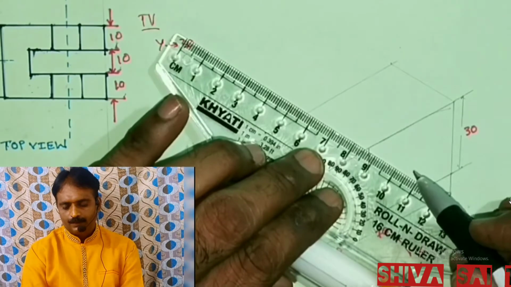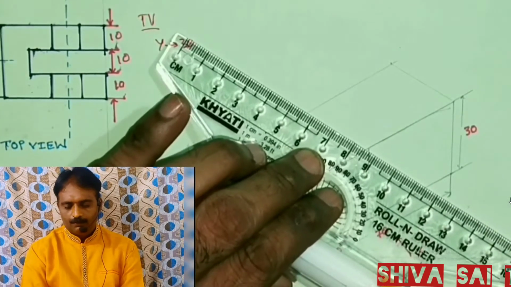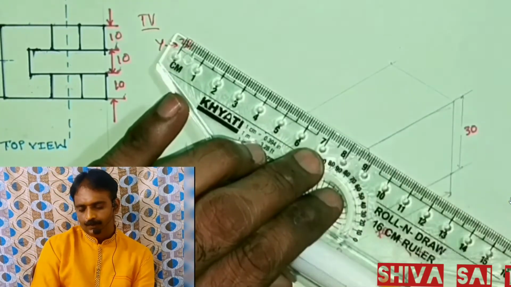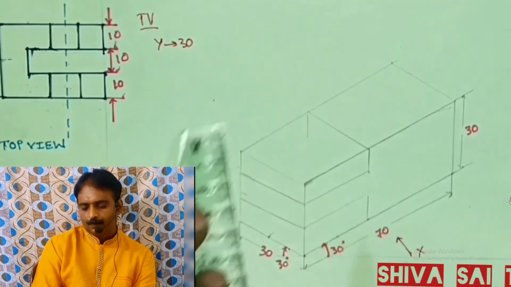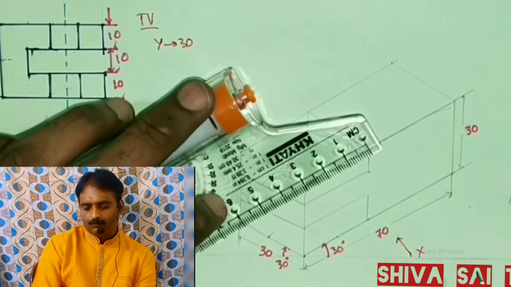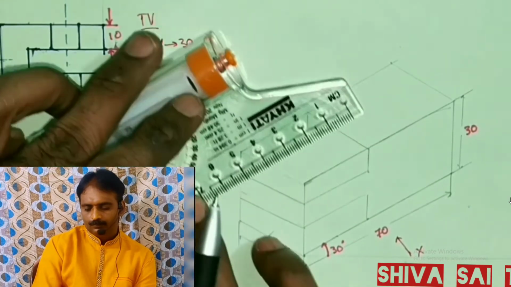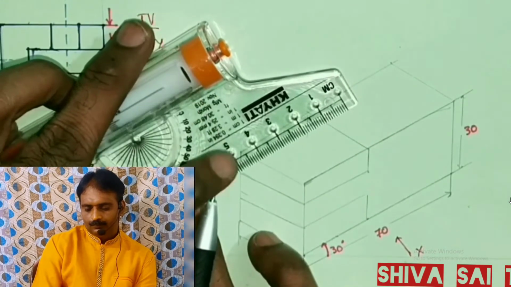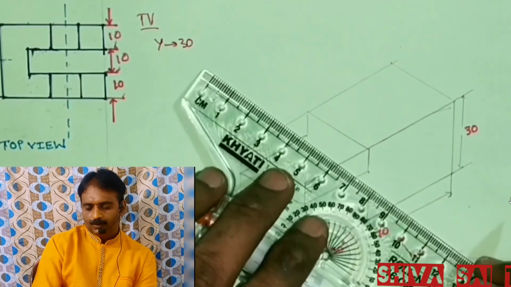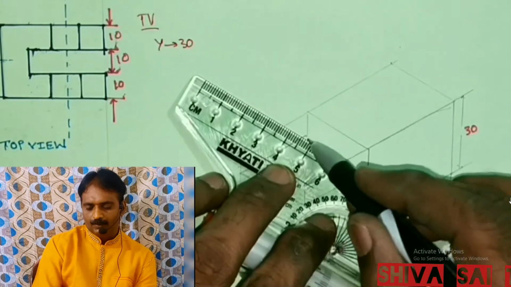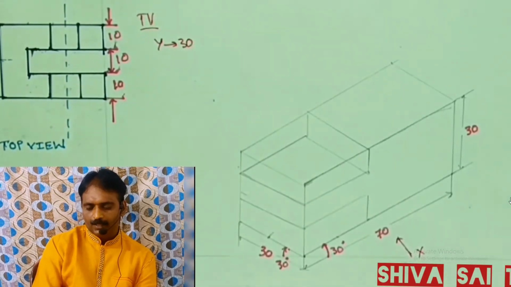We have to construct the front view. The usage of a mini drafter will minimize the errors and increase the accuracy.